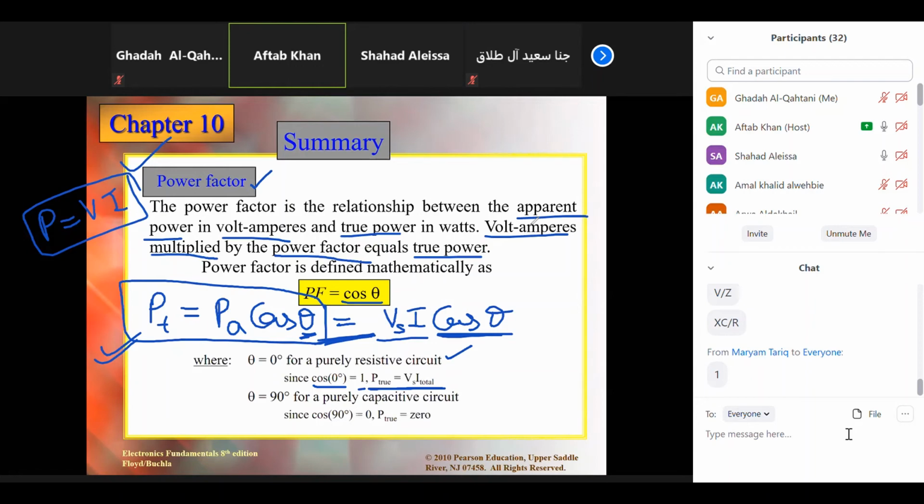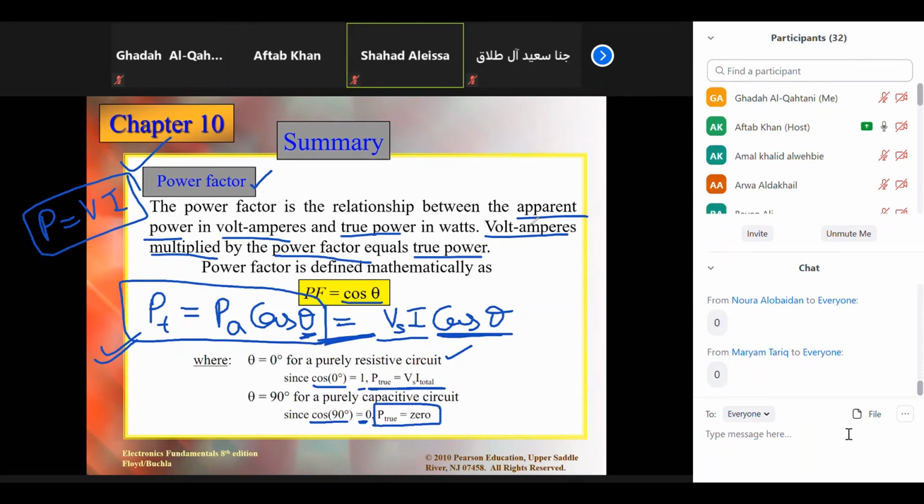It will be 90. We know that voltage and current are always 90 degrees out of phase. So if we put 90 in this formula, what will be the true power? 0. Because there is no resistance, only reactive power is there.